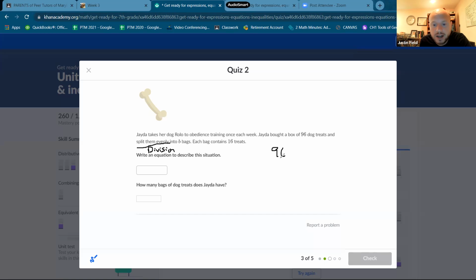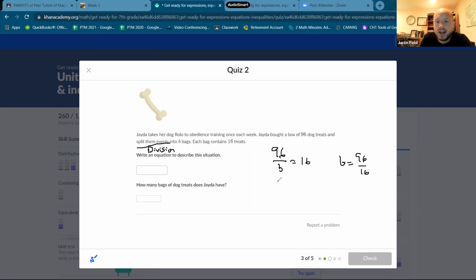I got it this time. So 96 dog treats and B bags. So if you divide it into B, then each bag will have 16. Or we could say B equals 96 over 16. How many bags?